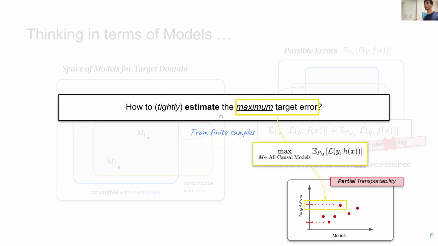That is, that your estimate is really a value that some of the models evaluates to. So the kind of optimization problem we're looking at is this equation here. We're looking for the maximum over all causal models compatible with our assumptions and our data. So you're looking for the maximum value of your target error over this space.